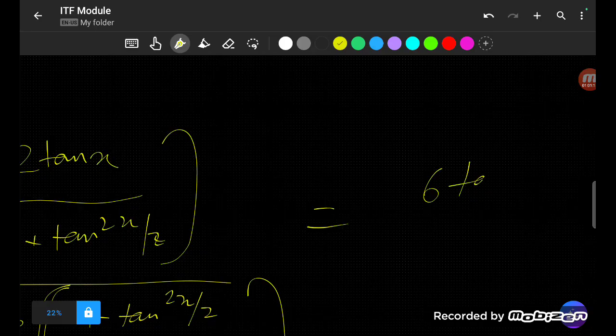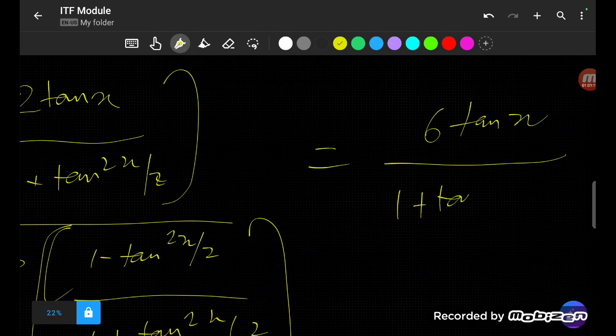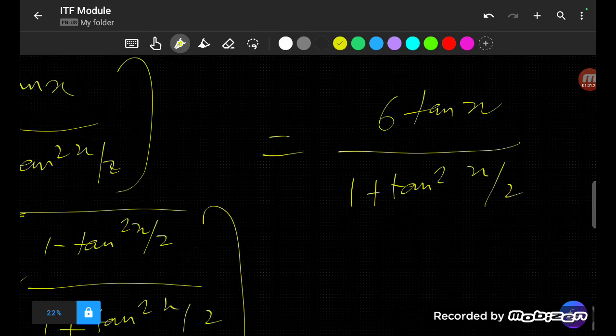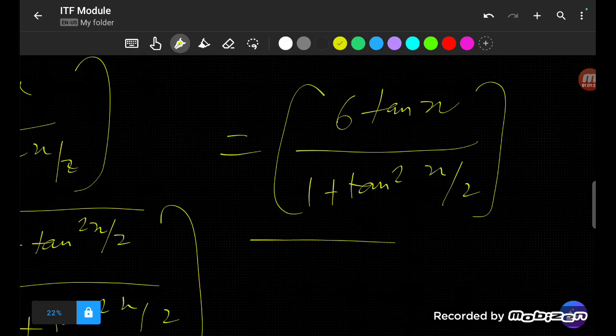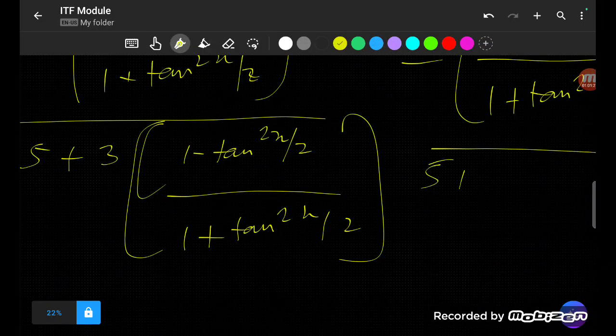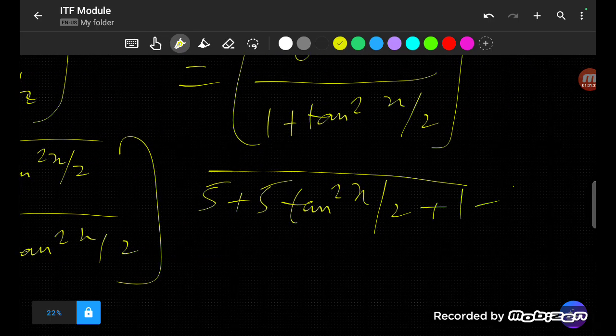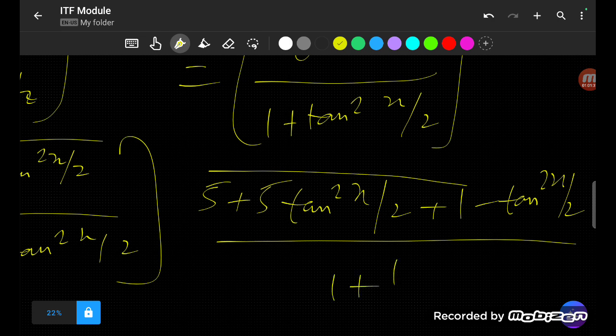This is just 6 tan x upon 1 plus tan square x by 2, upon 5 plus 5 tan square x by 2 plus 1 minus tan square x by 2 upon 1 plus tan square x by 2.